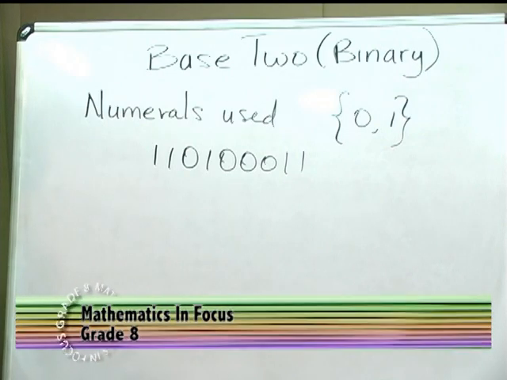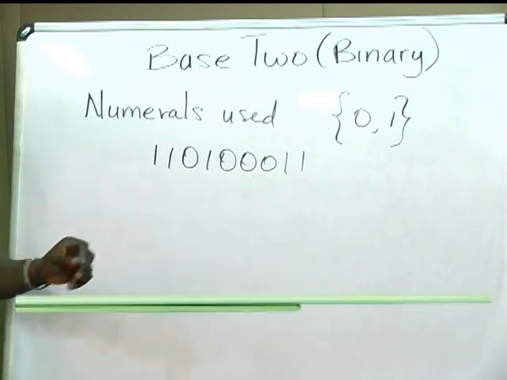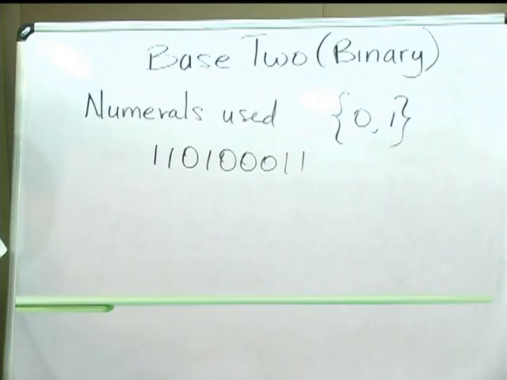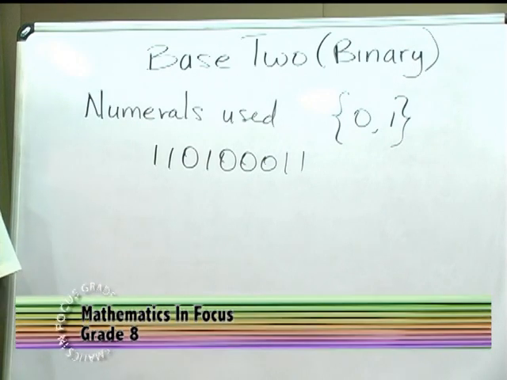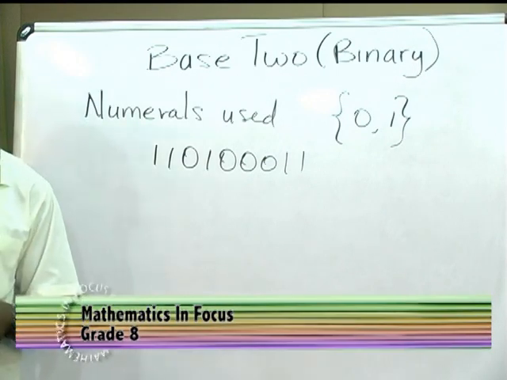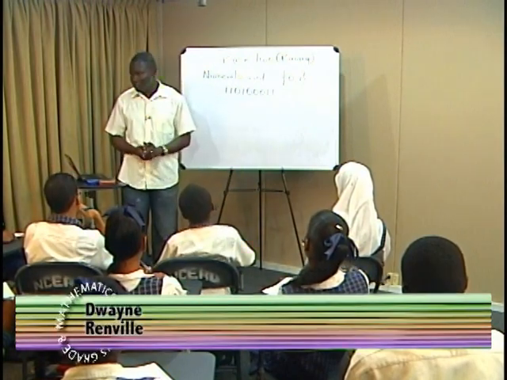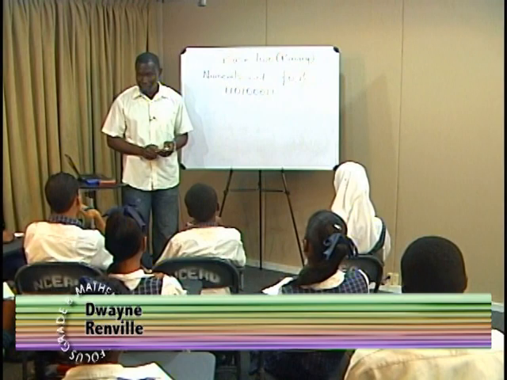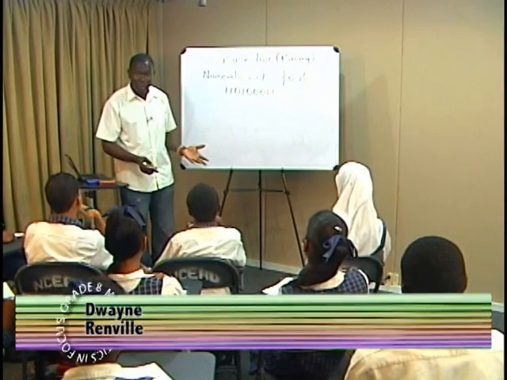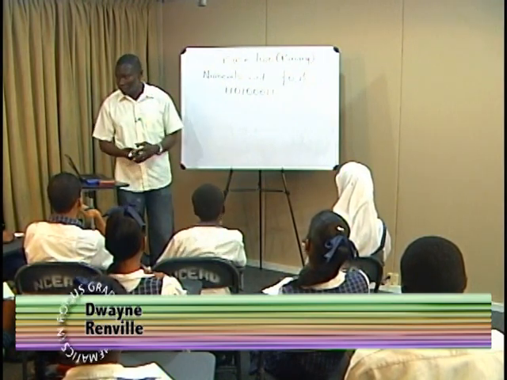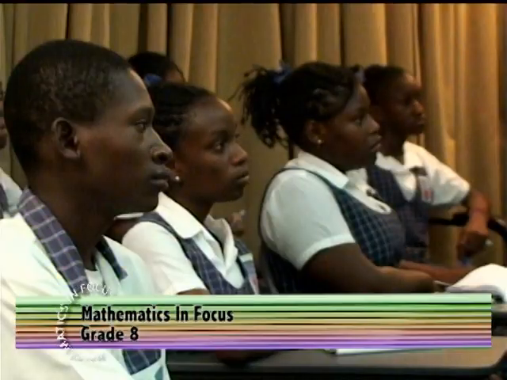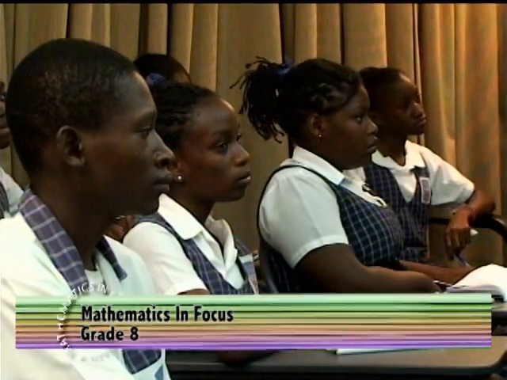All right? And somebody might want to say, oh, this is 110,100,011. So to help us to differentiate between the various number systems, we use subscripts for all number bases that are not base 10. If the number is base 10, we do not use any subscript. Like when we did positive and negative numbers, if it is positive, we use no sign.